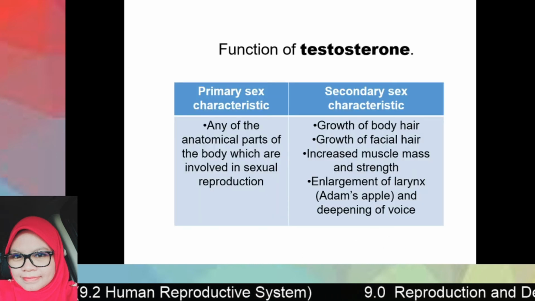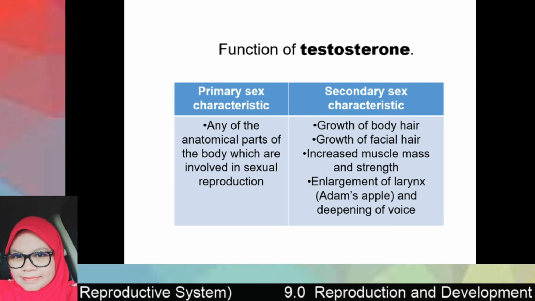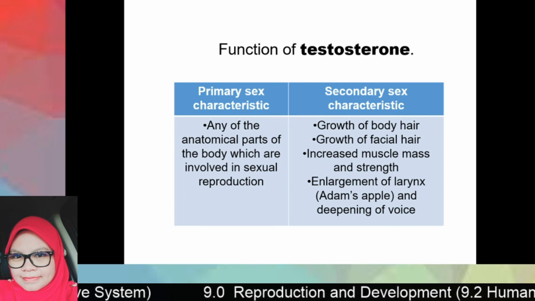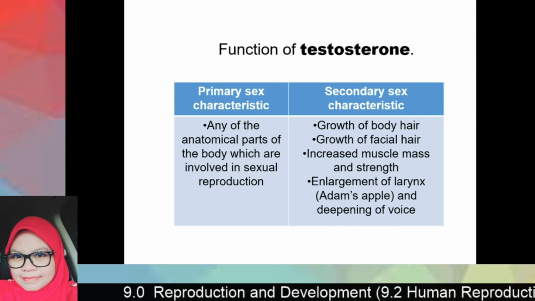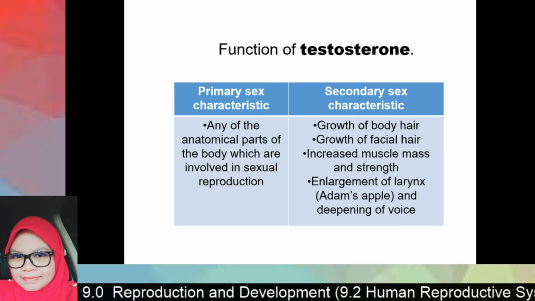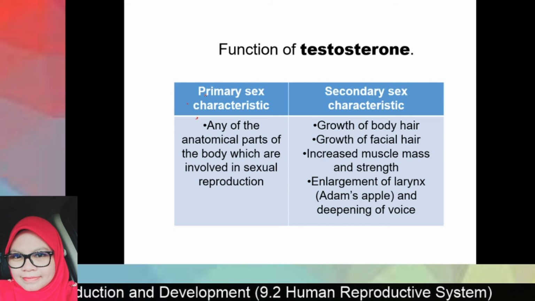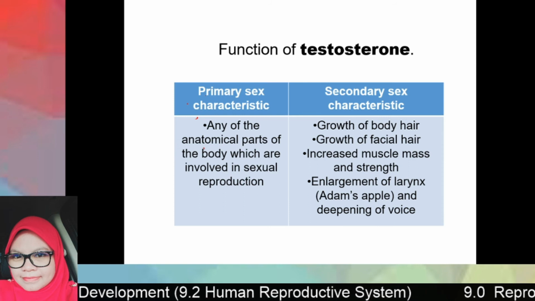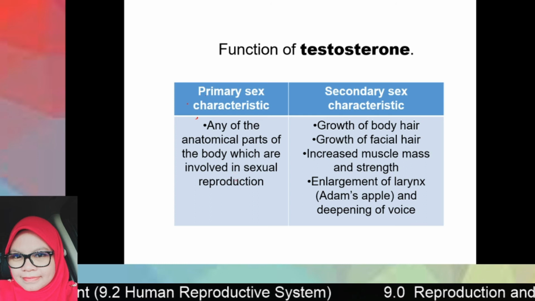Okay. So what is the importance or role of testosterone? The role is for primary sex characteristics and also secondary sex characteristics. Testosterone promotes primary sex characteristics. Apa tu primary sex characteristic? Development of any anatomical parts of the body which are involved in sexual reproduction.